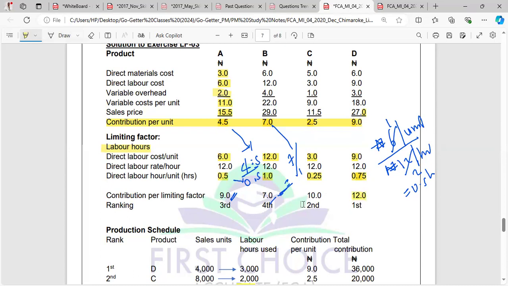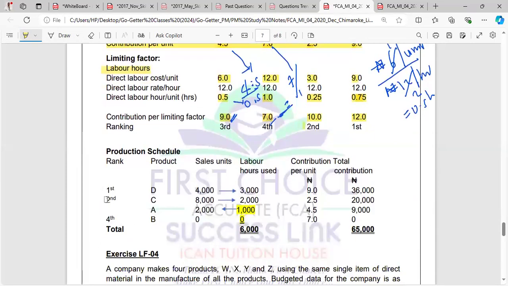This is the first, this is the second, this is the third, and this is the fourth. After that, you dump your limiting factor. After that, you dump all of these. Then you go to your ranking: first, second, third, and fourth. So your first is D, second B, third A, fourth B.